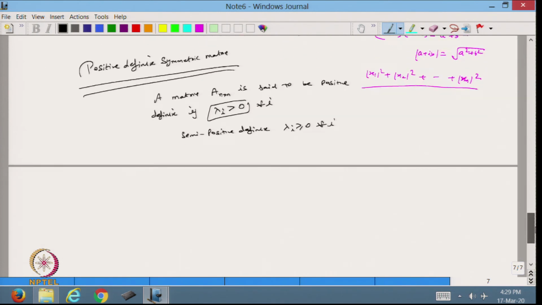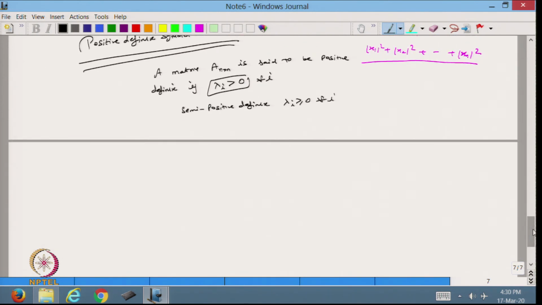So, if it is positive definite, it is strictly greater than 0, otherwise greater than or equal to 0.